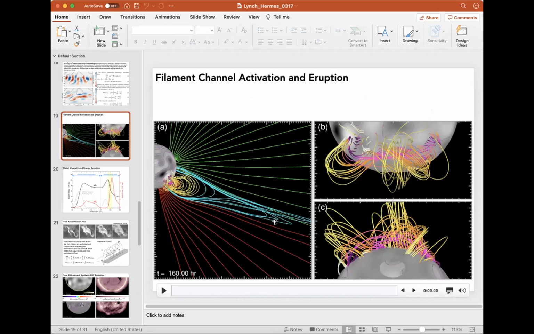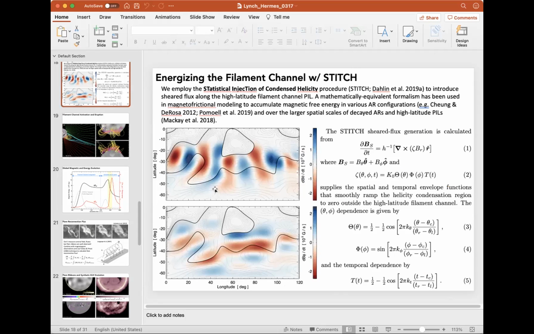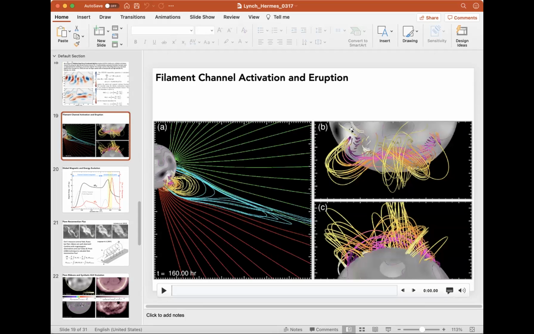Yes, I think it could have zipped the wrong way just as easily, except that if you look at the structure of the magnetic field along this polarity inversion line, you can see this strong field region here on the east limb.